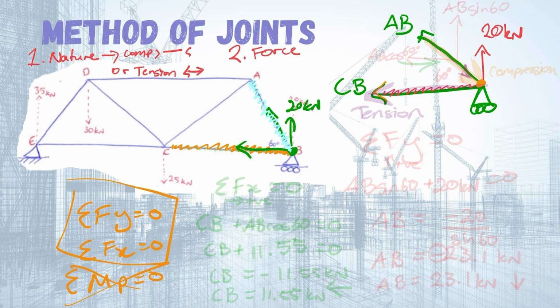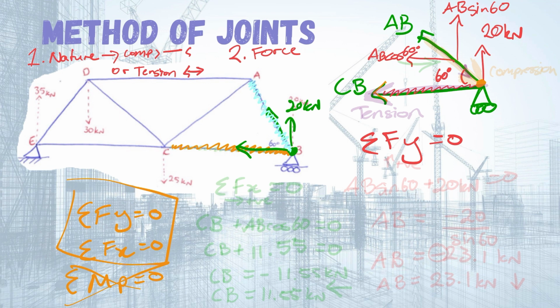So we can take sum of forces in the y direction as equaling 0. We're going to have two forces acting in the y direction, so we know that this is 60 degrees. So we're going to have AB sine 60, and we're also going to have AB cos 60 acting that way.